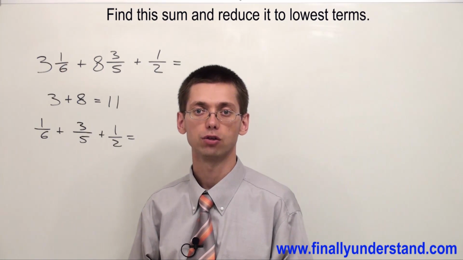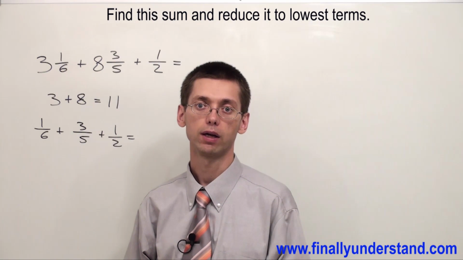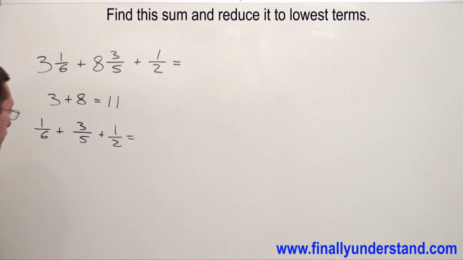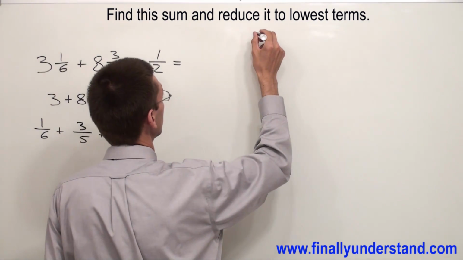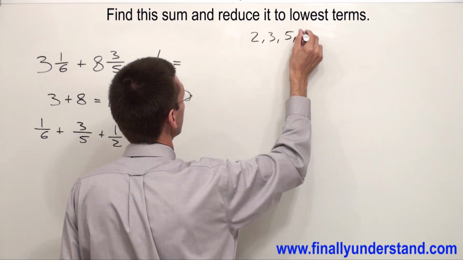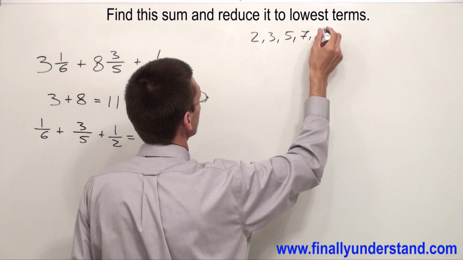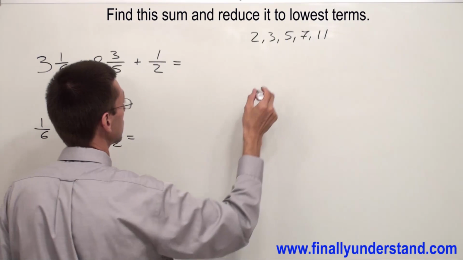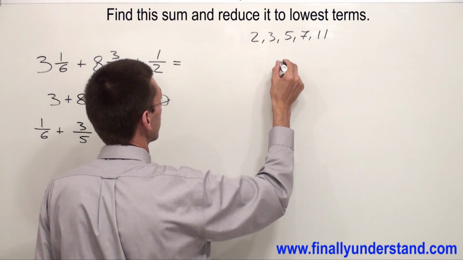The common denominator is 30. Is everyone seeing that? For those who are not, let me just remind you the prime numbers, which are 2, 3, 5, 7, 11. Okay, I believe this is going to be enough for us at this moment.